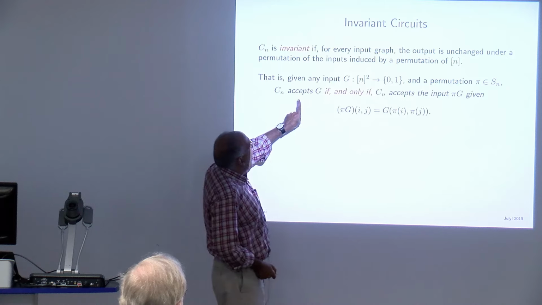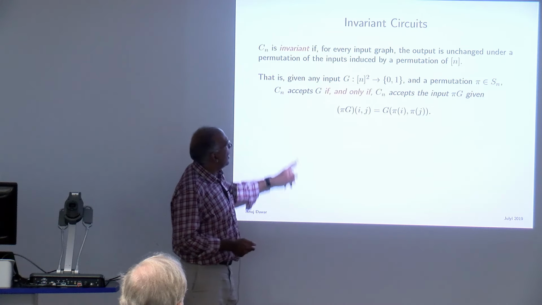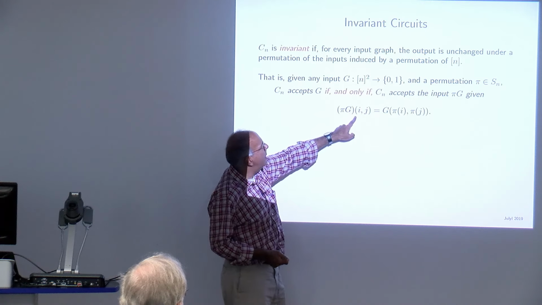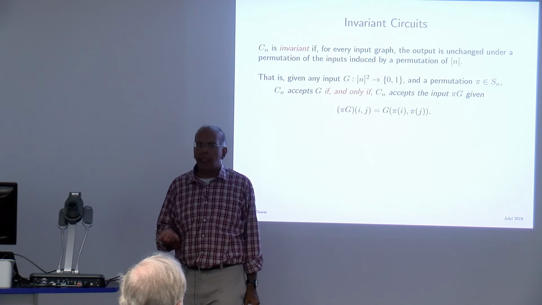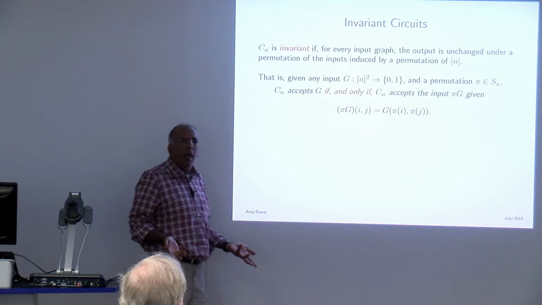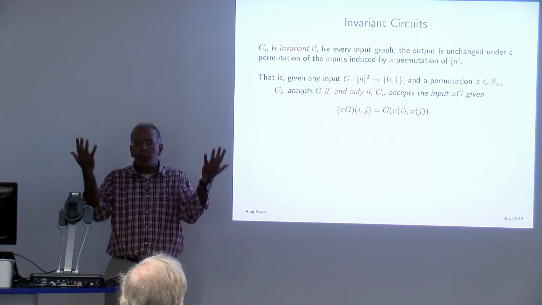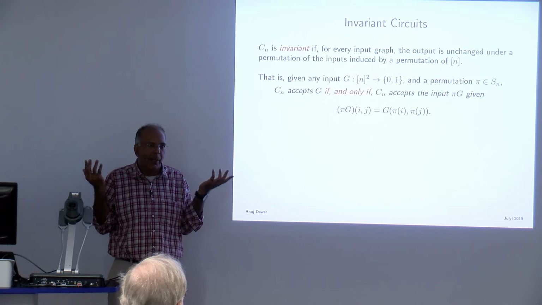And now you look at a permutation of n, that induces a permutation on these pairs, and the result of the circuit should be invariant under that action. Okay? If the circuit doesn't satisfy that, then basically for two presentations of the same graph, it's giving you different answers. So it's not deciding a reasonable graph property.